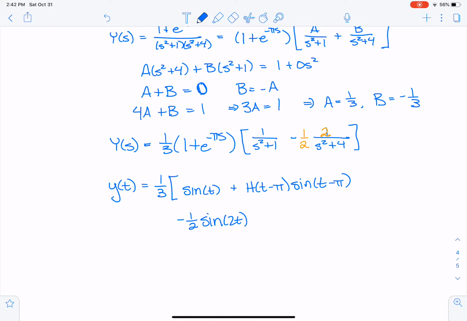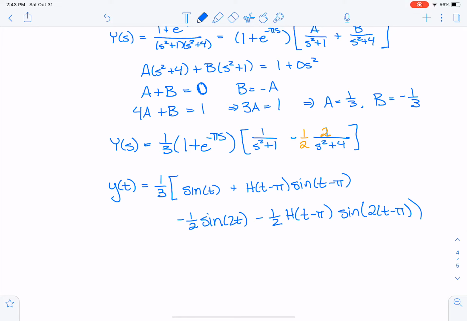Then finally, the last thing is again, I have a minus 1/2, but now I'm going to multiply e to the minus pi s times this. And so now there's going to be a Heaviside function involved. So I'm going to get the Heaviside function of t minus pi times the sine of 2t, but instead of t, we're going to have a t minus pi.